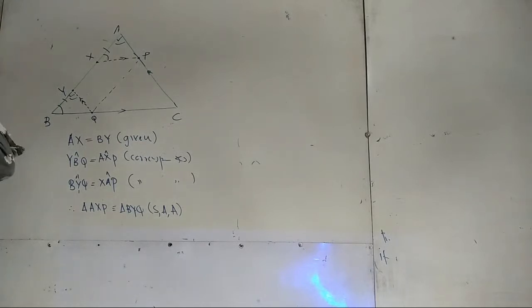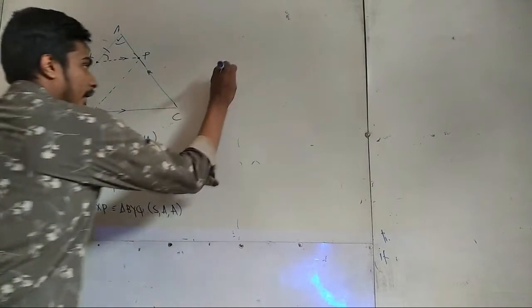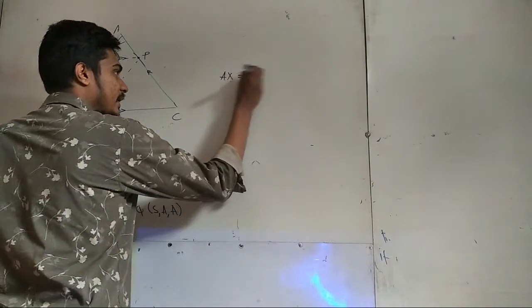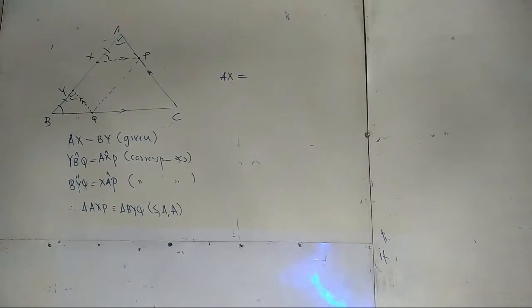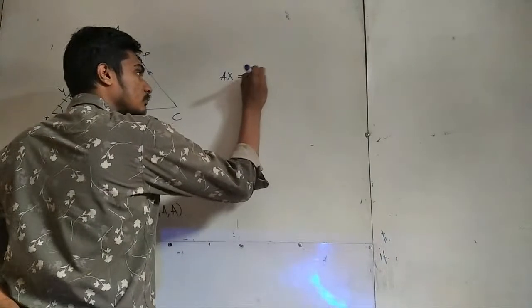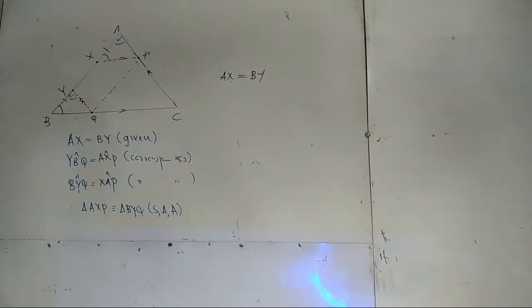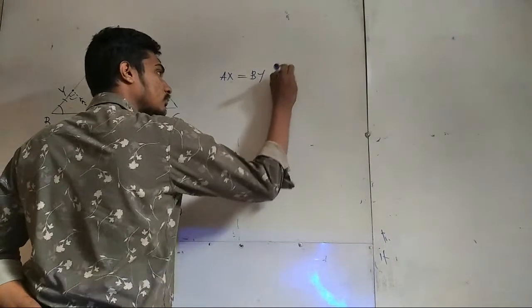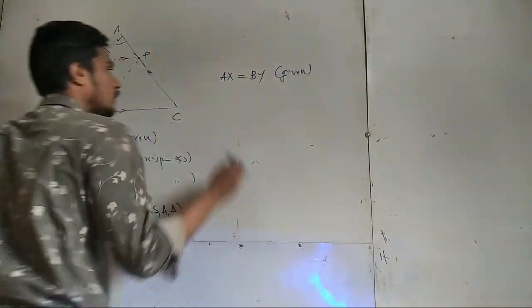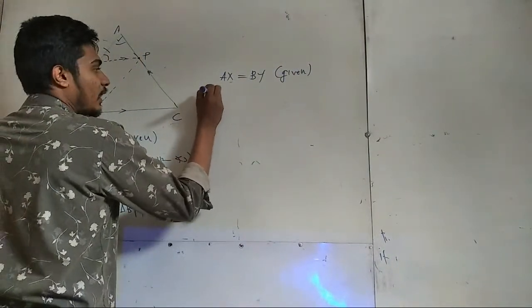So let's now look at this. AX is equal to BY. How do you know that? Given.